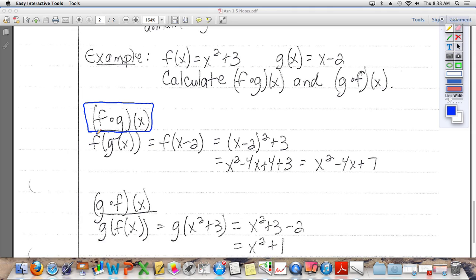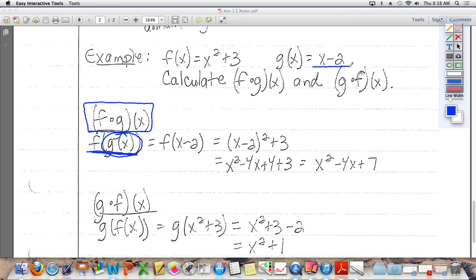Now remember, f of g of x is equal to this notation right here. And I remember a minute ago I said you guys work with the inside function first. So I'm going to circle g of x. Well, g of x, I told you, is actually x minus 2.